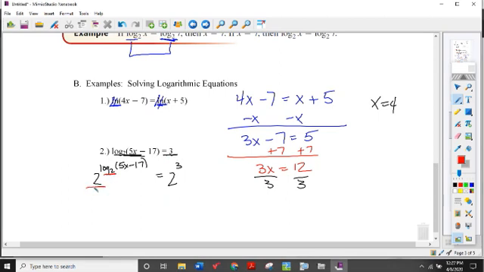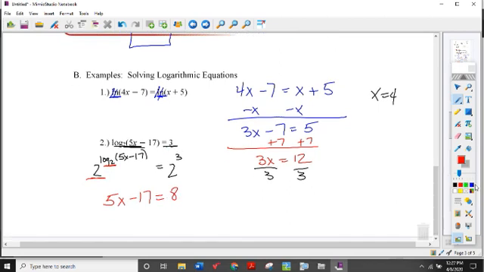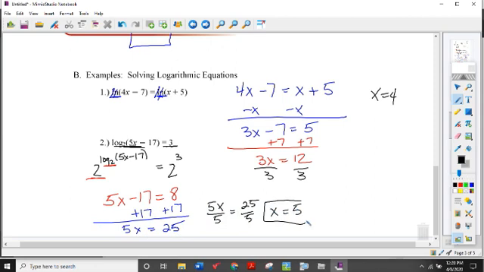So this and this cancel each other out. So I have 5x minus 17 equals 8. Plus 17 plus 17. So 5x equals 25. Now I'm going to divide both sides by 5. And x will equal 5.